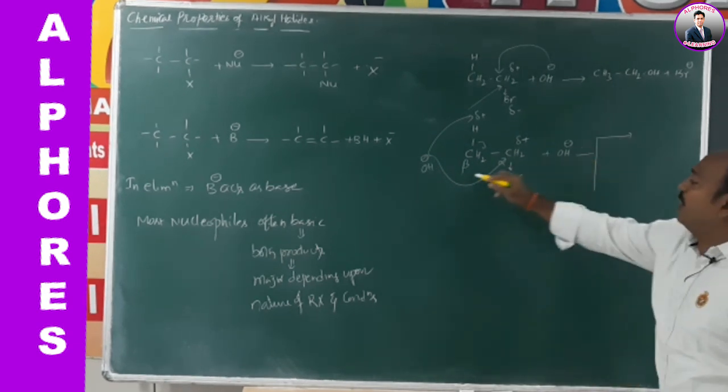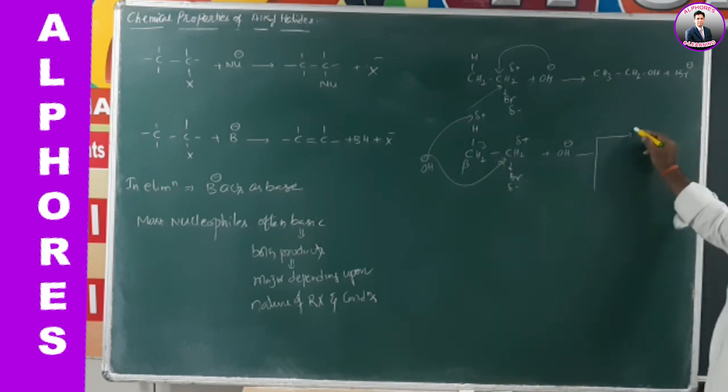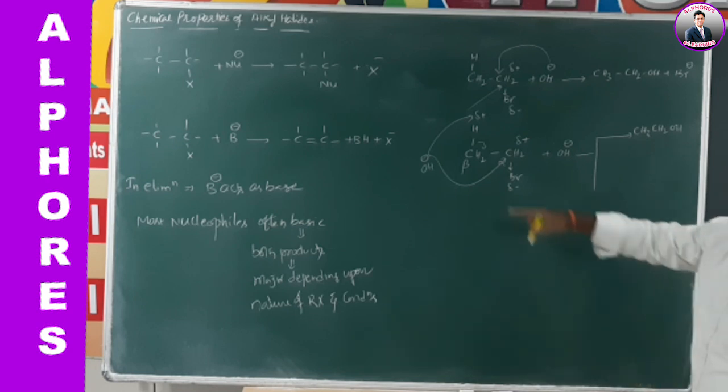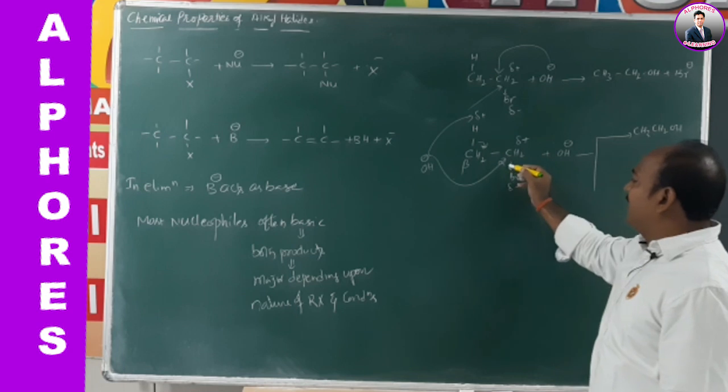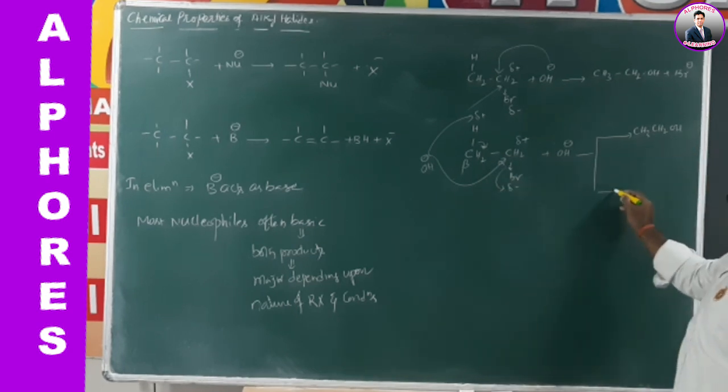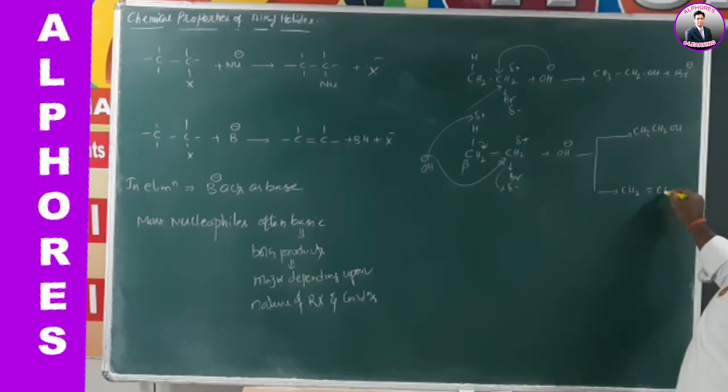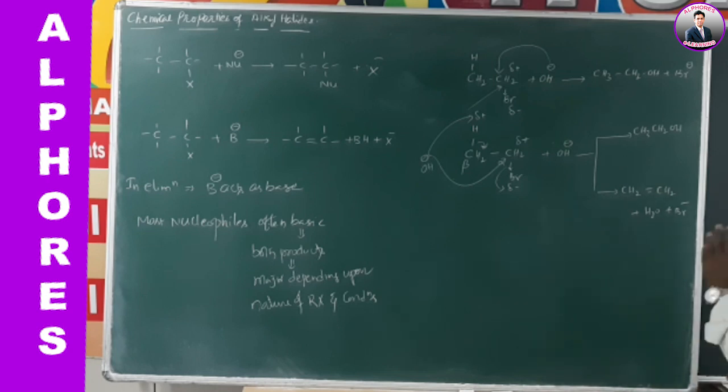If it attacks the positively charged carbon, you get the same product CH3CH2OH. Whereas if it attacks that hydrogen, the electrons shift like this and Br leaves, and we get the product CH2=CH2 plus H2O plus Br minus. See, in both reactions Br comes out as Br minus, no doubt in that.